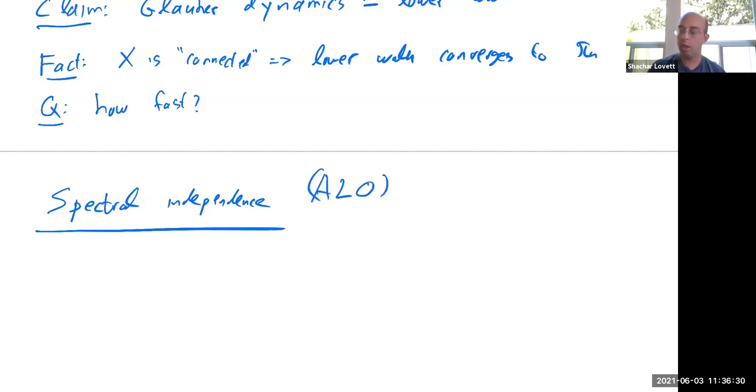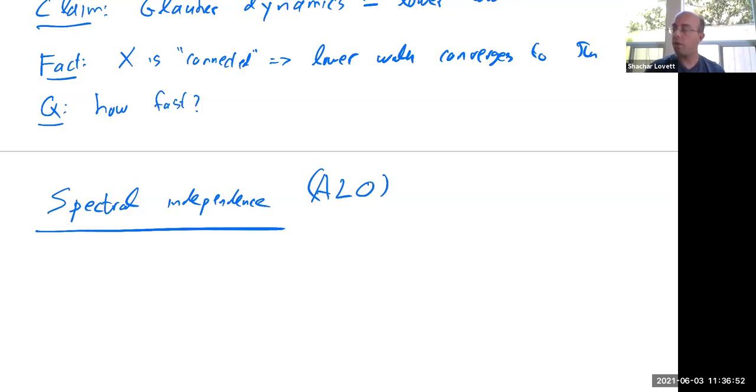ALO stands for Anari, Liu, and Oveis Gharan. But since then people have refined it and extended it to more and more objects. It's only been a couple of years, but it became a major technique used to prove mixing of Glauber dynamics of what's called spin systems.